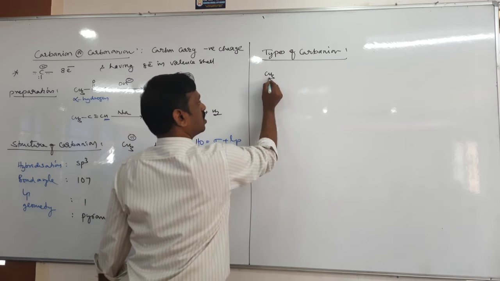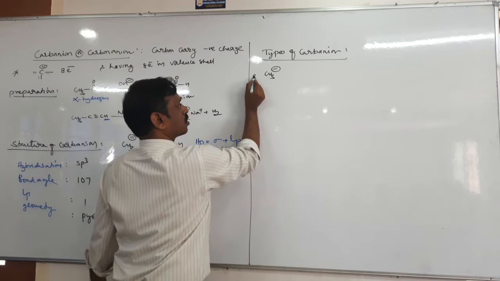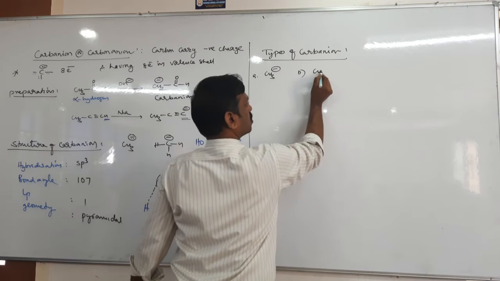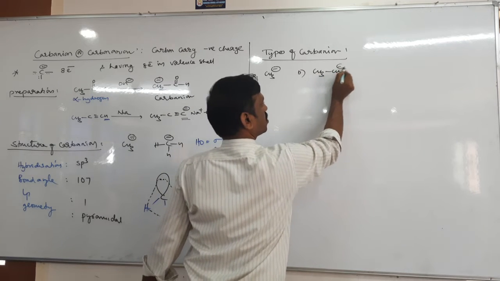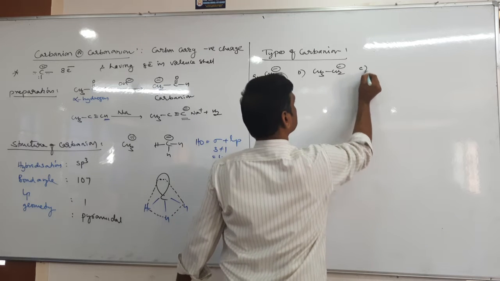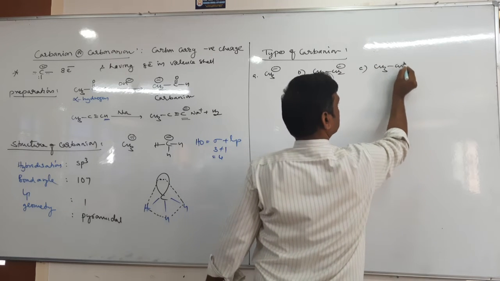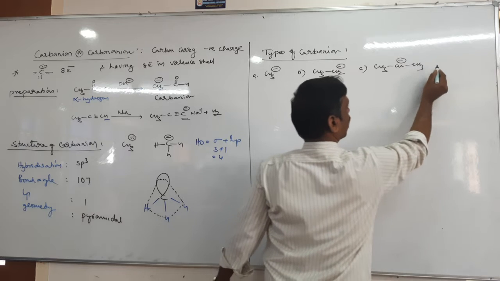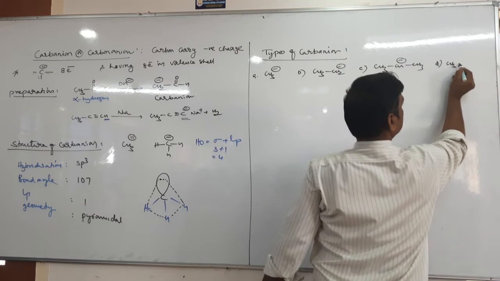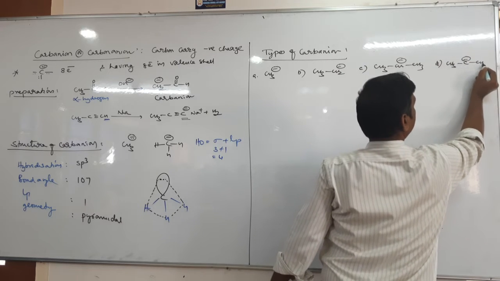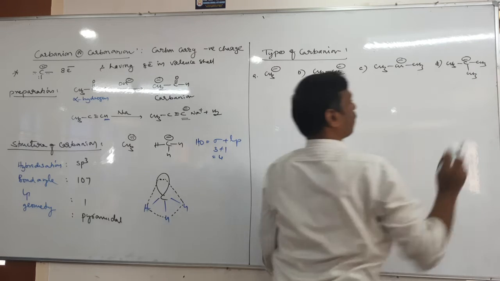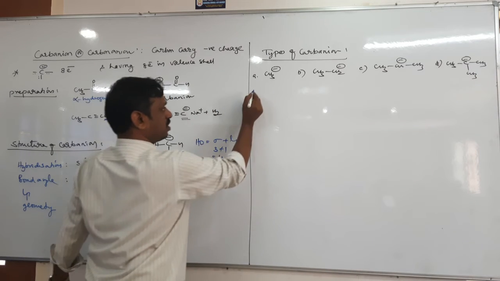A, CH3 minus, B, CH3 CH2 minus, C, CH3 CH negative CH3, and D, the tertiary one. It is a methyl carbanion.